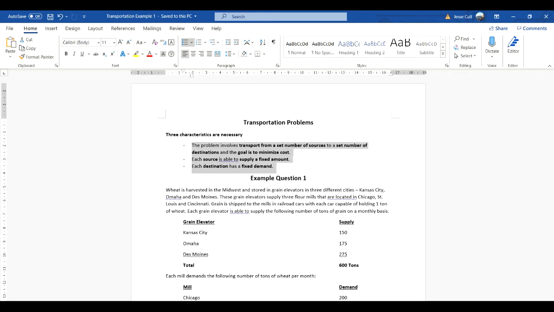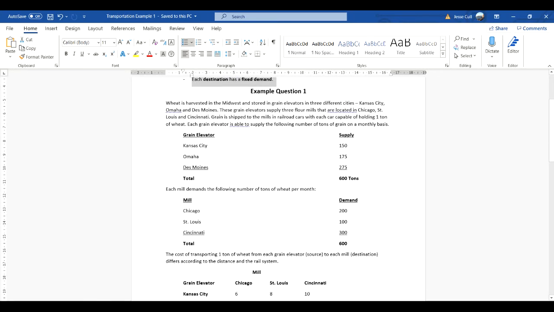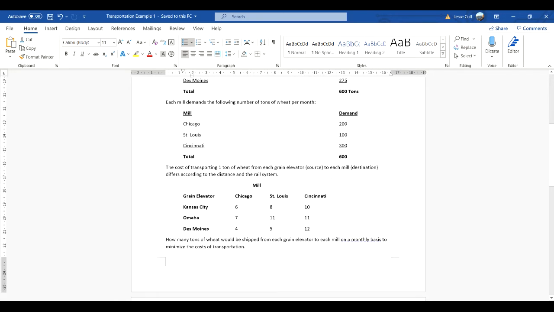Each grain elevator is able to supply the following number of tons of grain on a monthly basis. So we see here how much grain is supplied, how much grain is demanded, and the cost of transporting grain from one location to another. Our question is, how many tons of wheat would be shipped from each grain elevator to reach each mill on a monthly basis, while also minimizing the cost of transportation? That's what we're attempting to do here.